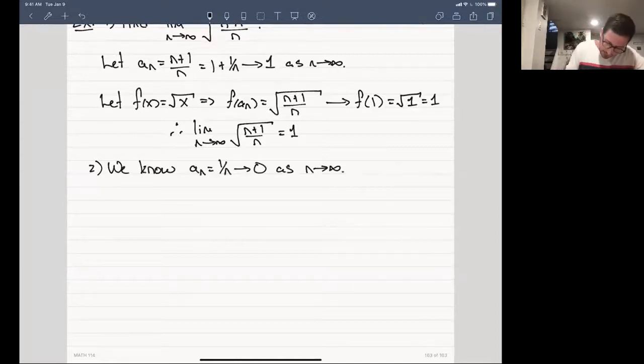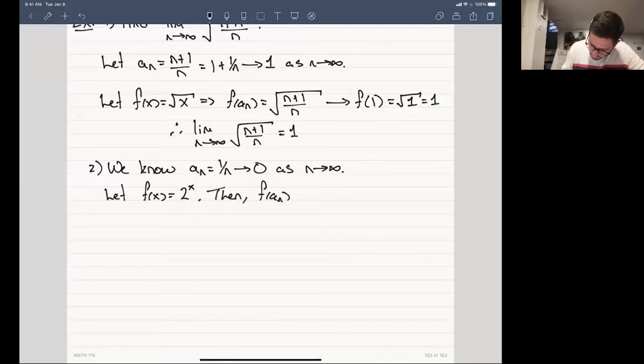So then let f of x equal 2 to the power of x. And so then f of an converges to f of 0, which tells me that 2 to the power of 1 over n converges to 1.